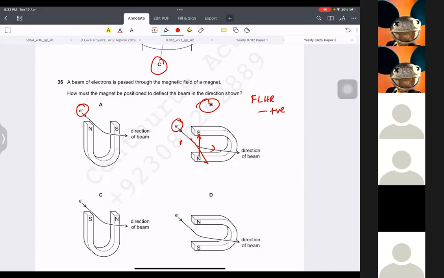I don't get it. You don't get it? No. Okay, let me tell you. Hadia, index finger, please, north to south. Done? Yes. If the index finger is north to south, turn your hand such that your middle finger is in this direction.